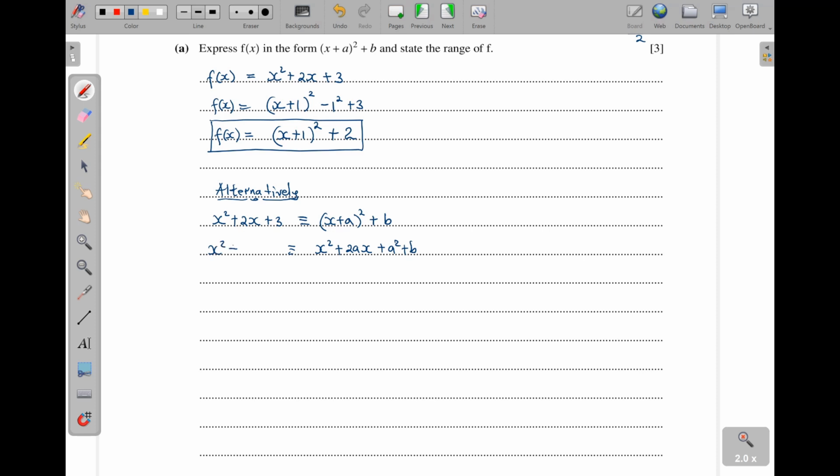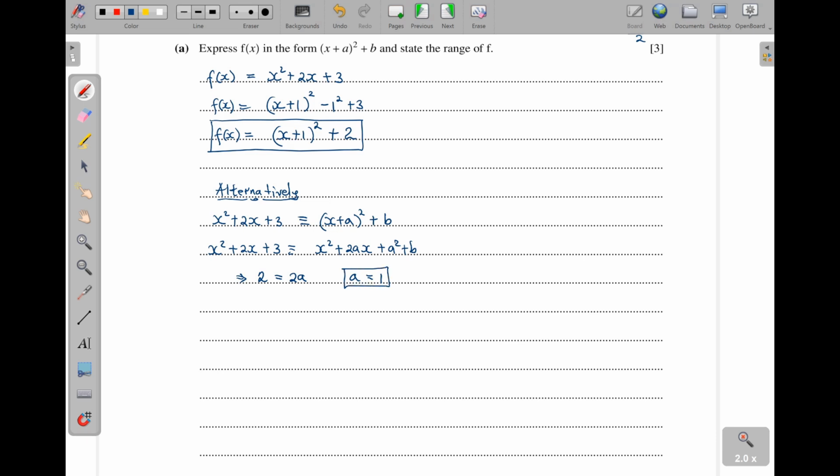So we equate the coefficients of x squared, the coefficient of x, and then the constant term. So already the coefficient here is a 1, okay? And then here we have 2, so we equate to this one here. So meaning 2 here is going to be equal to 2a. Now we can divide all through by 2, then our a becomes a 1.